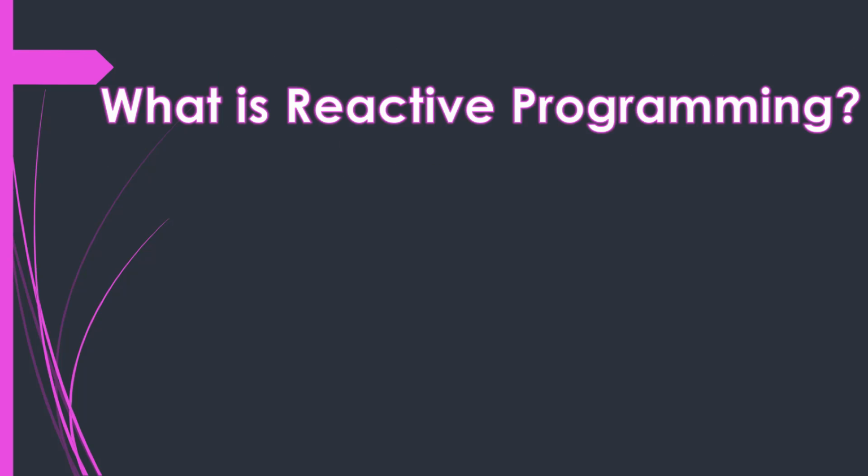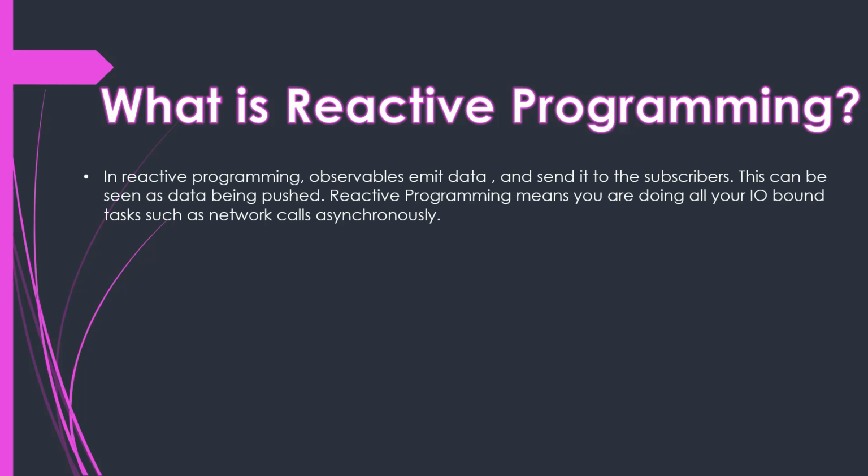With that said, what does reactive programming mean? In reactive programming, observables emit data and send it to the subscribers. So this means that observables are the data source, and we have the subscribers to listen to the data emitted by the observables.